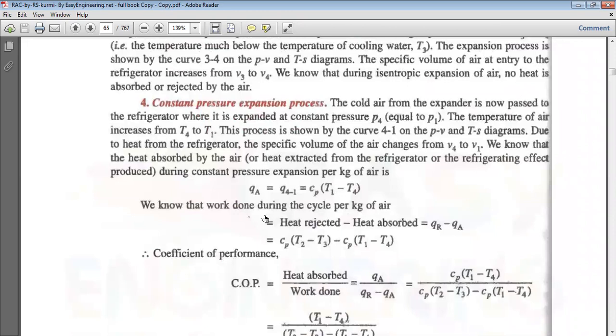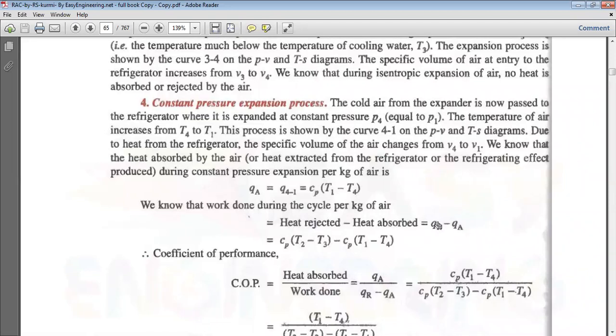I am writing that here. Therefore, the net work supplied during the cycle per kg of air is equal to heat rejected minus heat absorbed. How do we get this formula? From the first law of thermodynamics. QR minus QA, where QA is heat absorbed and QR is heat rejected, that is Q23 and Q41.